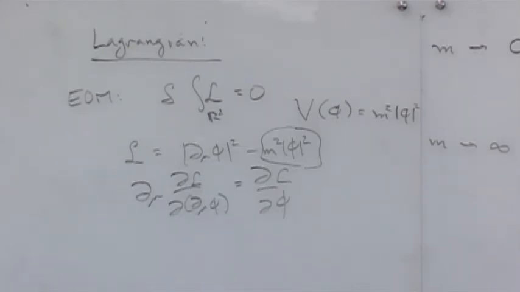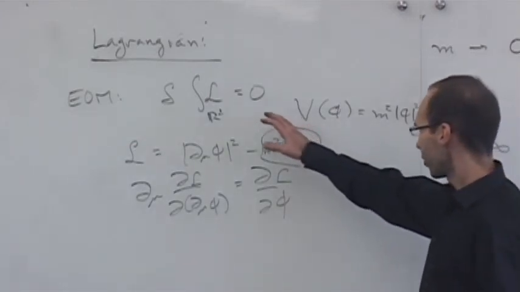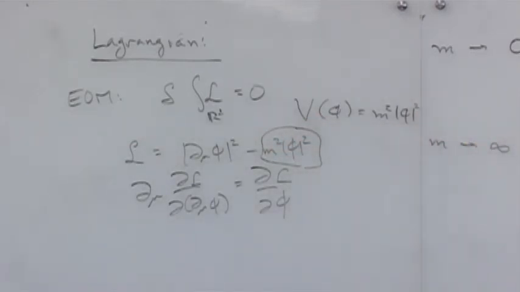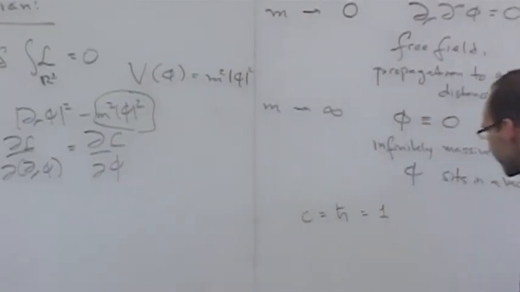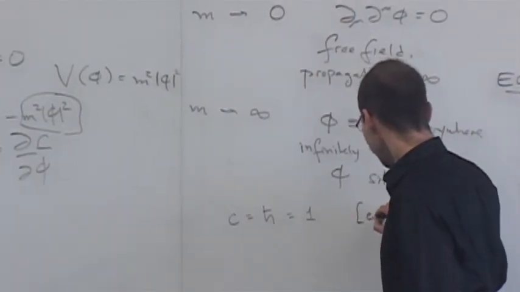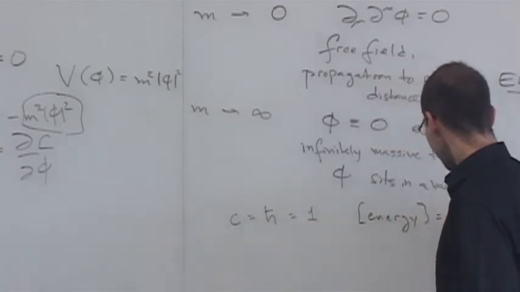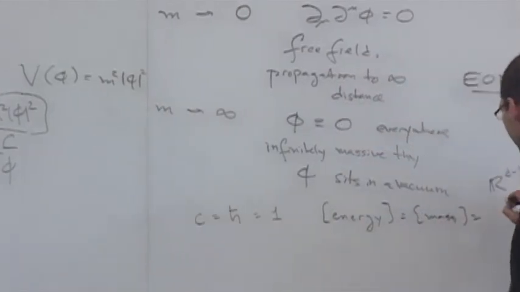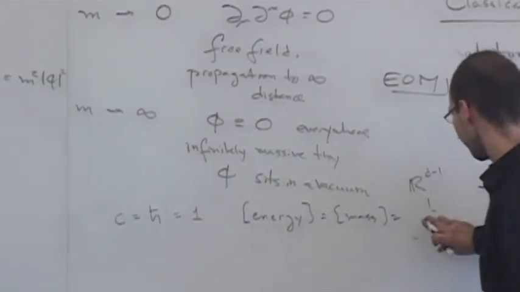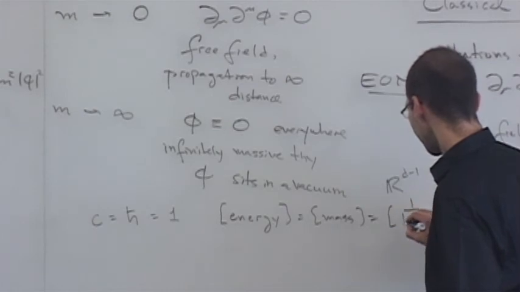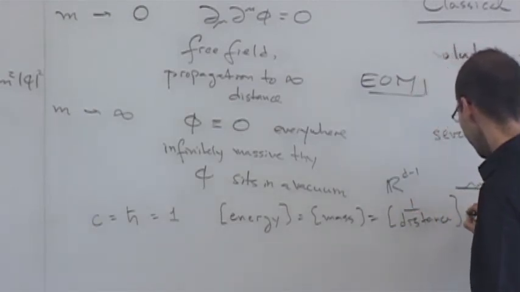Anytime there's a parameter multiplying a quadratic function in the fields, it's generically called a mass parameter. The reason for that is it comes from dimensional analysis. So in a world where the speed of light and Planck's constant are set to 1, energy has the same dimensions as mass, as well as inverse distance and inverse time.